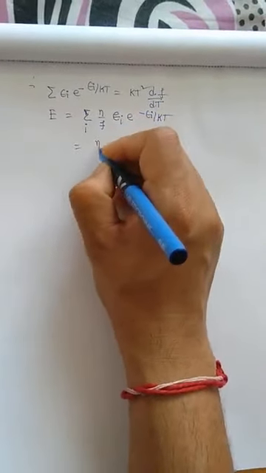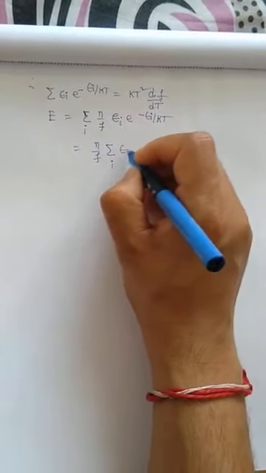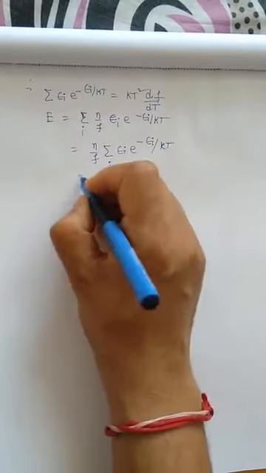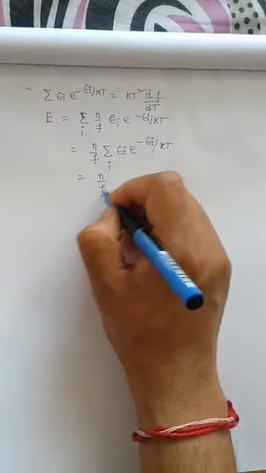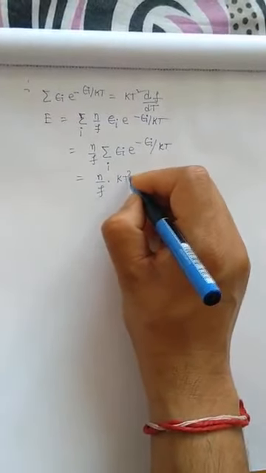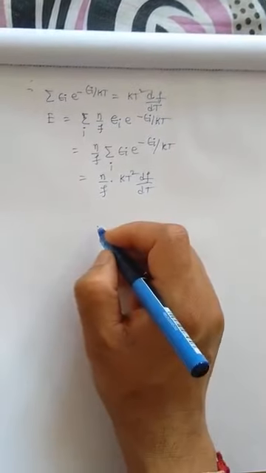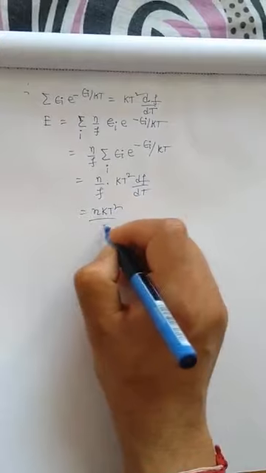So n by f is a constant number, so it can come out easily from this summation sign. So εi e to the power minus εi by kT should be the remaining terms, and we just found the value of this, equal to kT square df by dT. So finally we got n kT square by f df by dT.